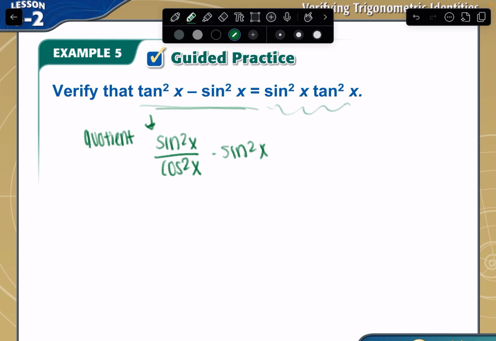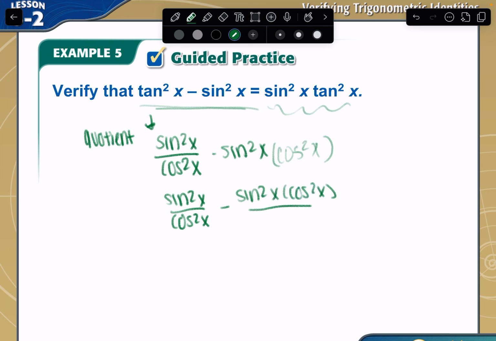So I'm going to make this have a denominator of cosine squared x, which means I have to multiply the top and the bottom both by that. So I have sine squared x over cosine squared x minus sine squared x times cosine squared x over cosine squared x.